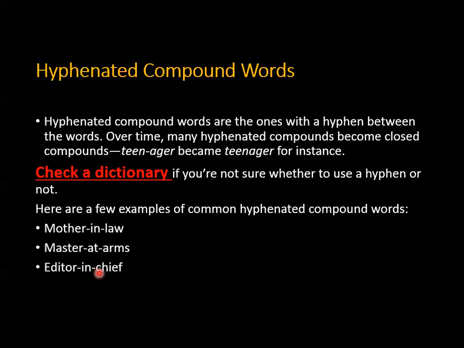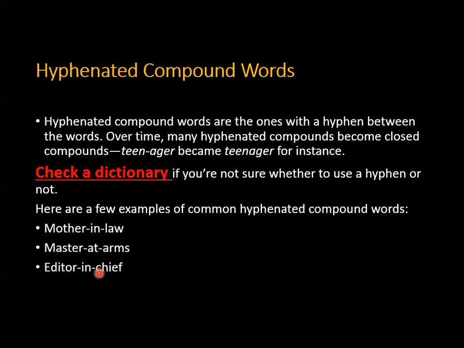Okay, the last part in today's lesson, which will be completed in the next video, is hyphenated compound words. Sometimes we have compound words. As you know, we have three types of compound words. We have separate compound words that are written away from each other. We also have combined, which go as one word, like teenager.